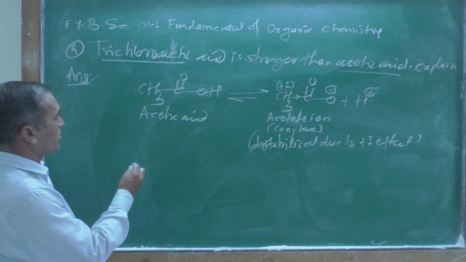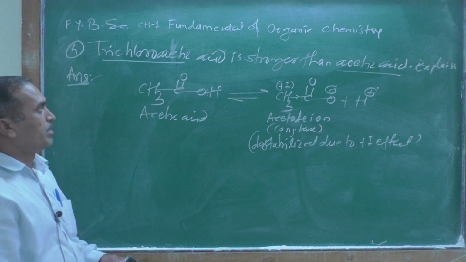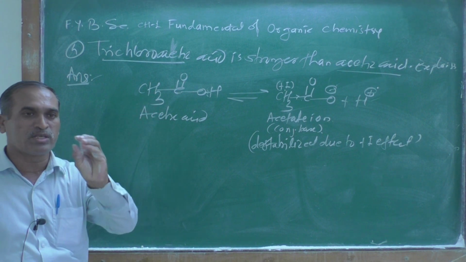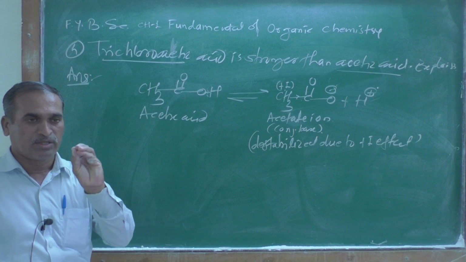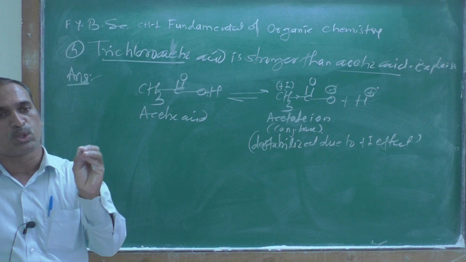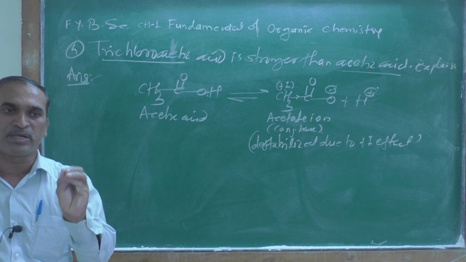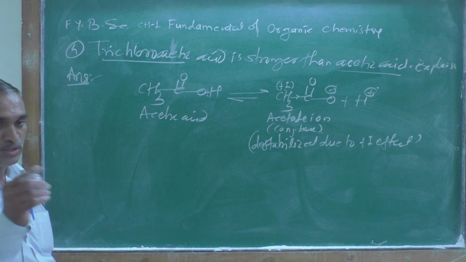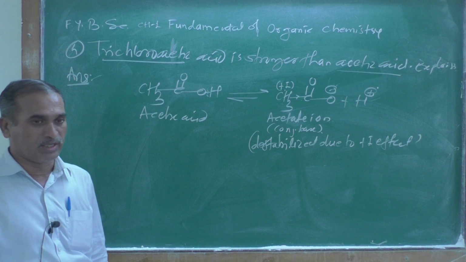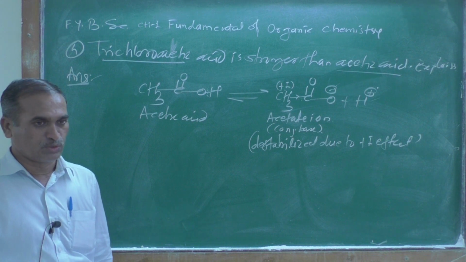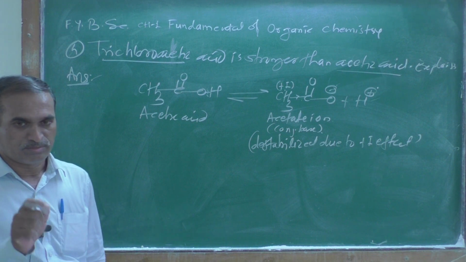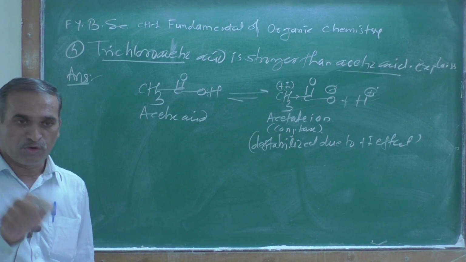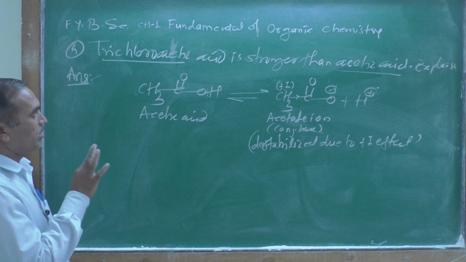Now next one, the structure of trichloroacetic acid. What is the structure of trichloroacetic acid? Remember, here 3 hydrogen atoms are there. If all the 3 hydrogen atoms are replaced by chlorine atoms, that becomes trichloroacetic acid. And most of the students, I am saying most, not all, a few of the students make a mistake.